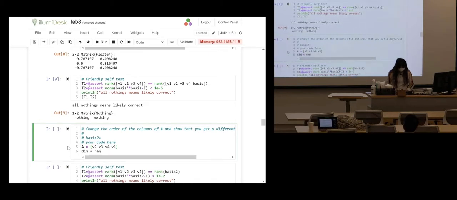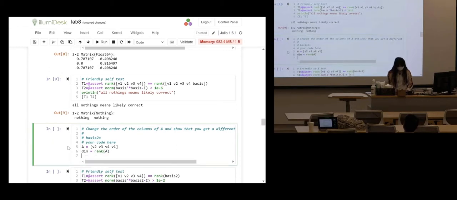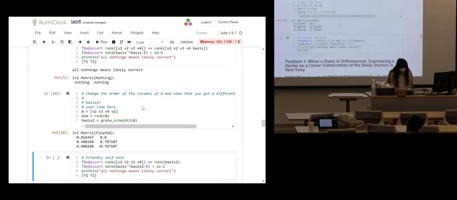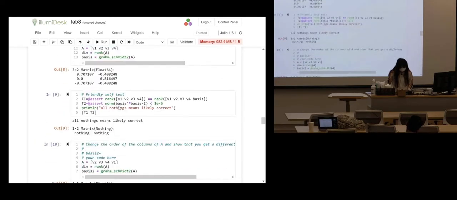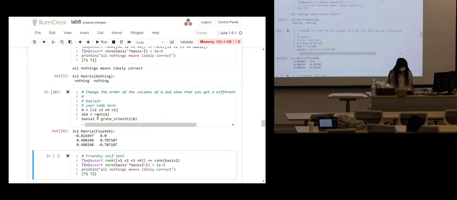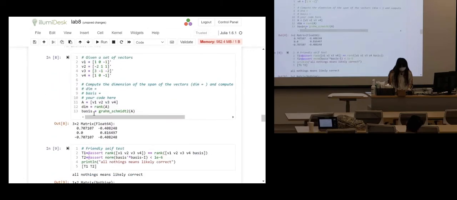We can see the dimension of this column span will be the same, but the basis will be different. We can see this basis 2 is not the same as the first basis.